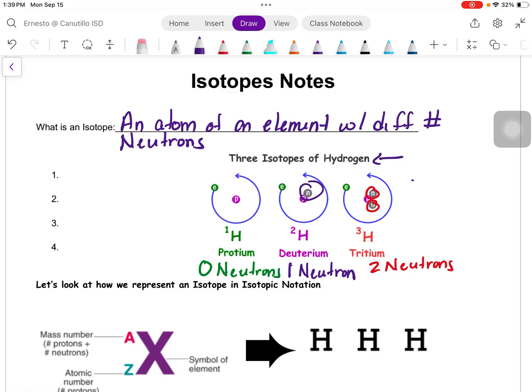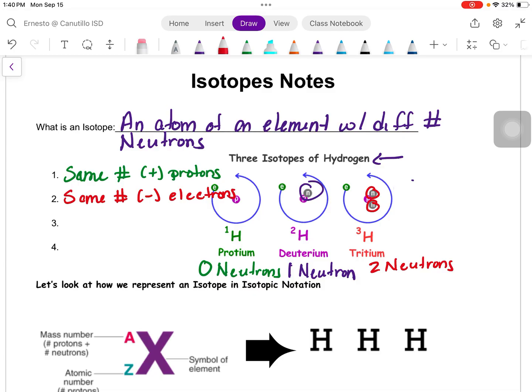So that brings us to our left here. The number of protons for isotopes is the same, so we have the same number of positively charged protons. That does not change. We have the same number of electrons, which carry the negative charge, so those do not change.